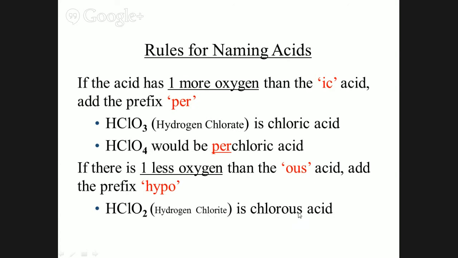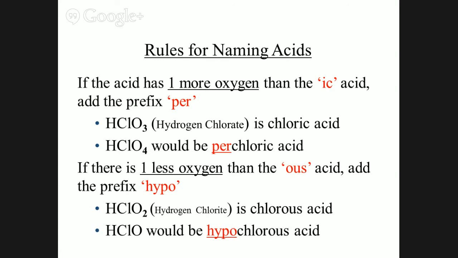The ites turn into OUS, but there is also HClO, which has one less oxygen. And so that gets a hypo in front of the chlorous acid. Now there's only a couple of these on the whole list. Most of them are ending in the "ide", the "ate", or the "ite".